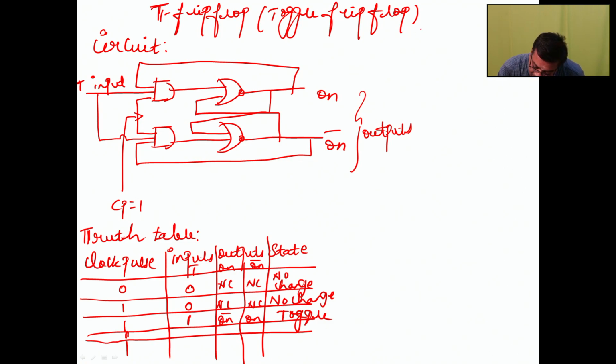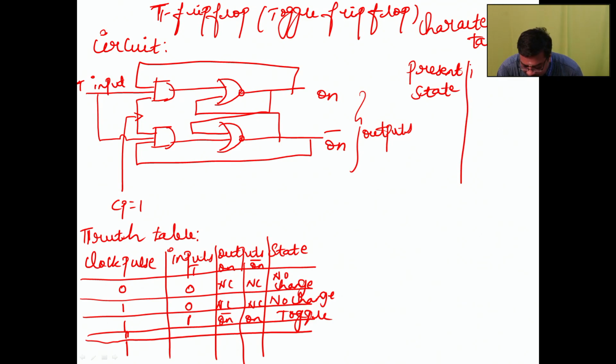And next, the characteristics table. Present state, input, that is the flip-flop input, and next state Q n plus 1.